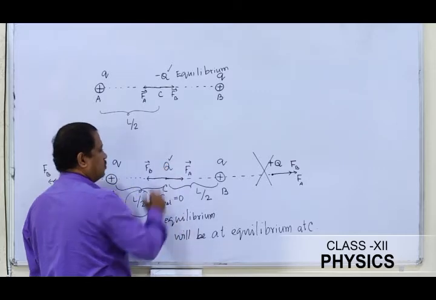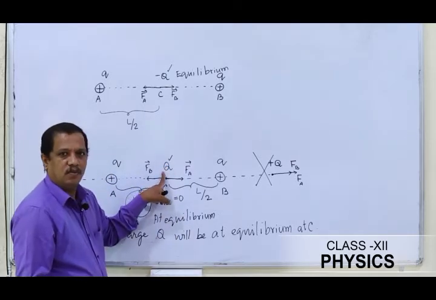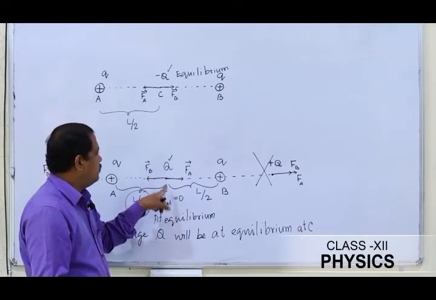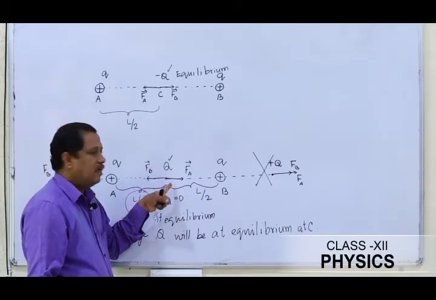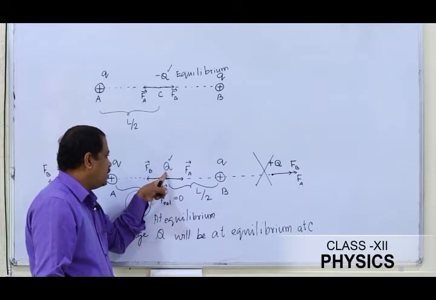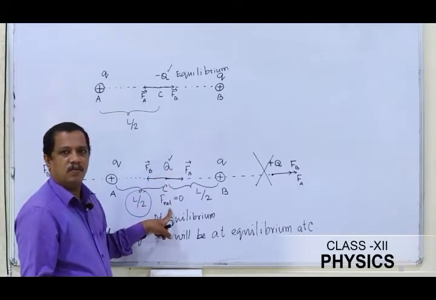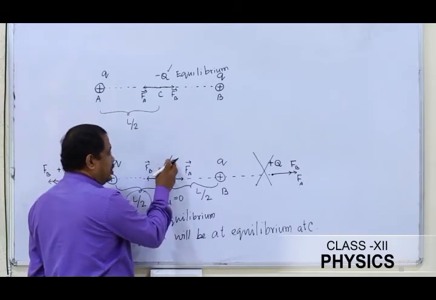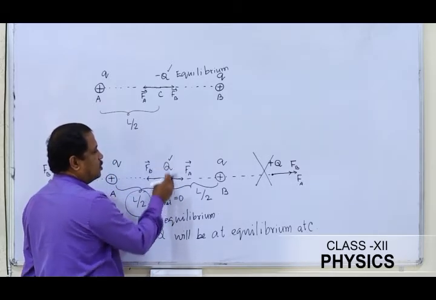Previously I placed plus Q, say 2 microcoulomb. Next, if I place 5 microcoulomb, I will find that F net will be 0. Even with 10 microcoulomb, irrespective of the magnitude of the charge, it will always be at equilibrium.